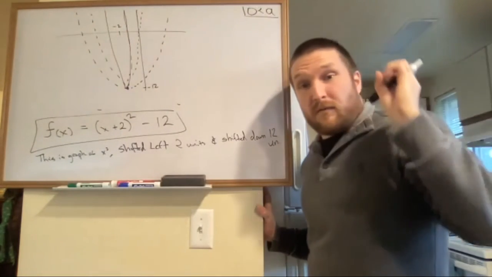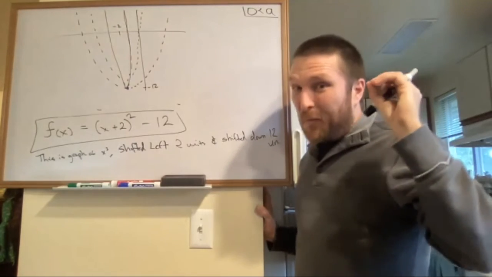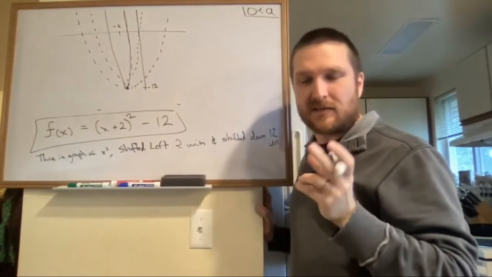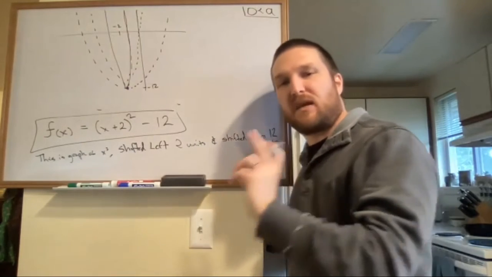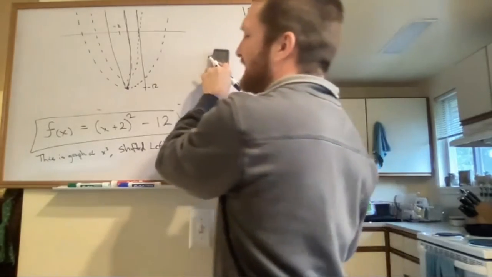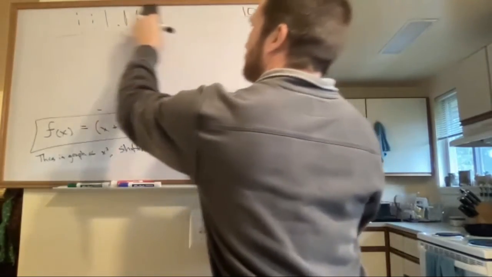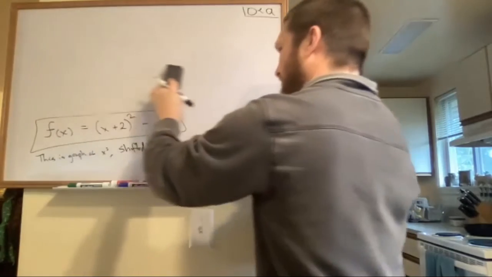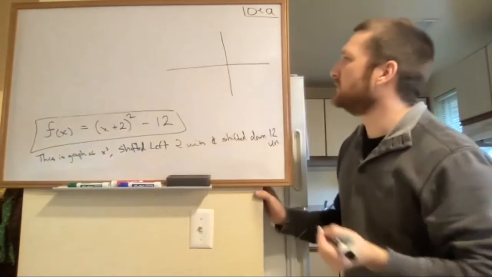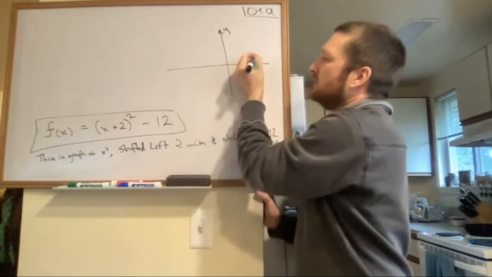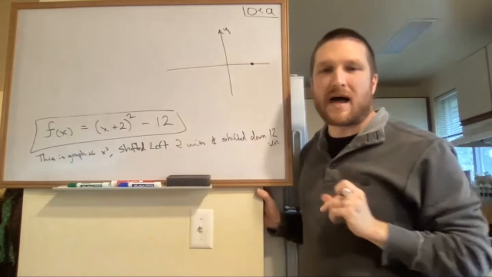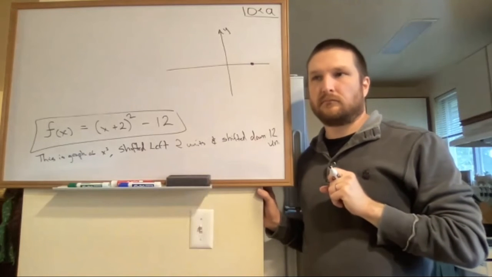Well, this goes back to week 1 or week 2 stuff: axes. If I want to know where something goes through an x-axis, if I'm on the x-axis, what is my y value? If I'm right here, Kayla, what value of y is it? 0.